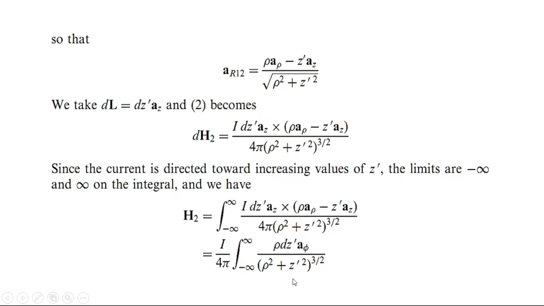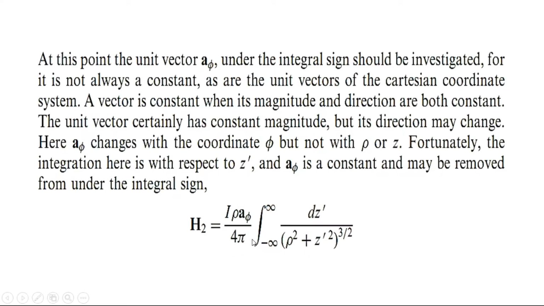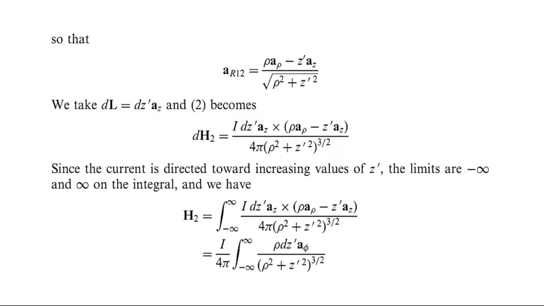Now solving this integral is really an easy process. But before solving the integral, we should note that this is actually a vector integral, not a scalar integral, because here we have a unit vector a_phi.